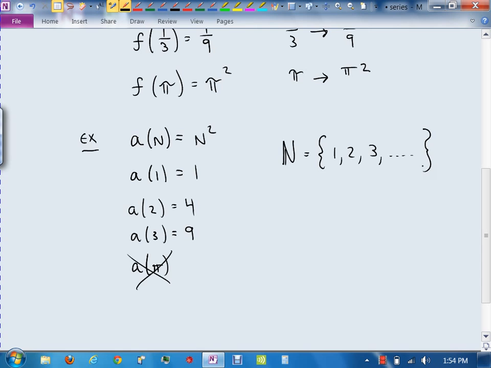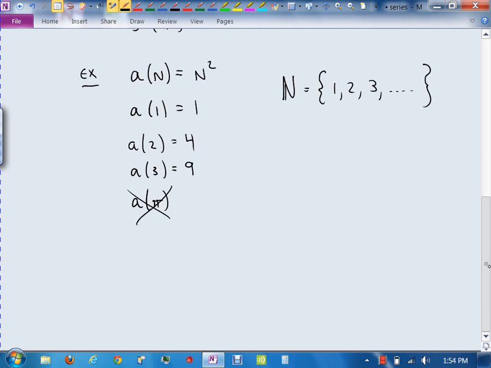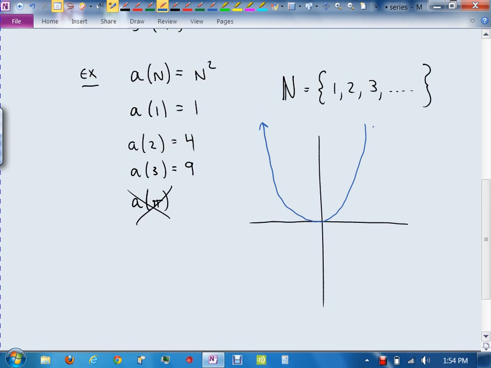So if you were asked to graph a sequence, like on an XY plane, it would not be a continuous function, would it? It wouldn't be this nice smooth thing you could draw. It would only be picking out points on that function, wouldn't it? So if I compared these two, if I took a graph and I had, let's say, in blue, x squared, that's f of x equals x squared.